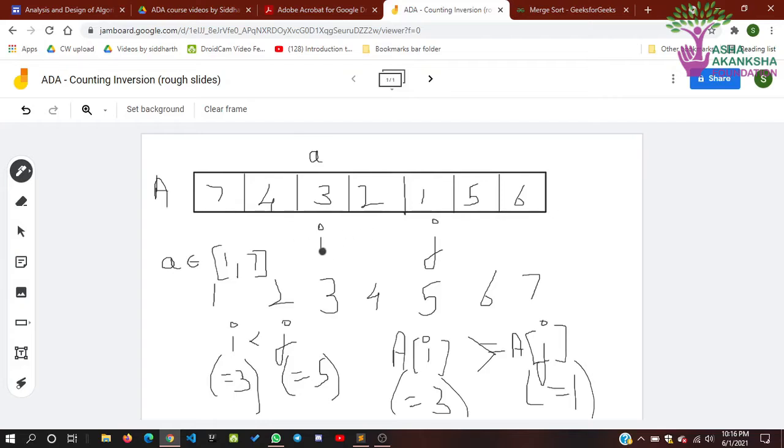Now suppose we create another index b, and b traverses the array starting from a plus 1 to 7, and as we are taking a plus 1, you can take this as 6.